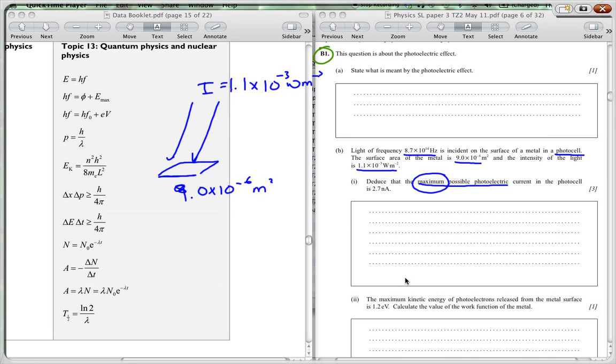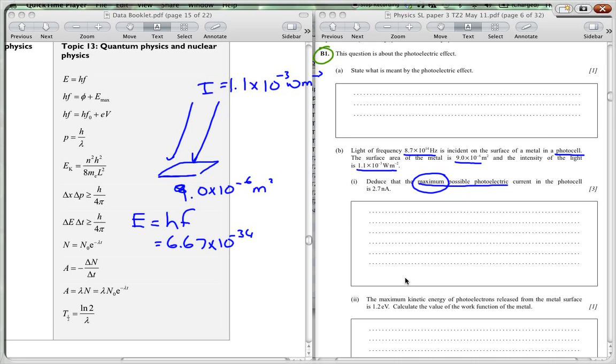So the first thing that we're going to do is work out the energy of one photon. So we're going to have h times our frequency. In doing that, we're going to have 6.67 times 10 to the negative 34. That's your Planck's constant.